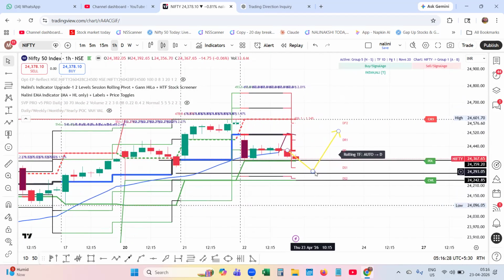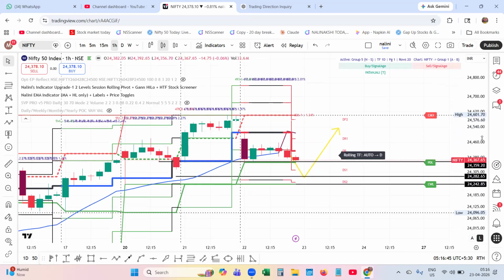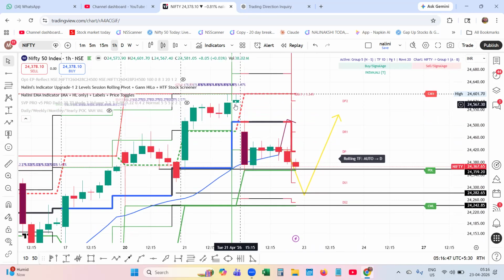As long as the market trades within this range and reverses back, there may be a sharp pullback in the market that can fill this gap, that is 24,571. From there, the market has created the gap.